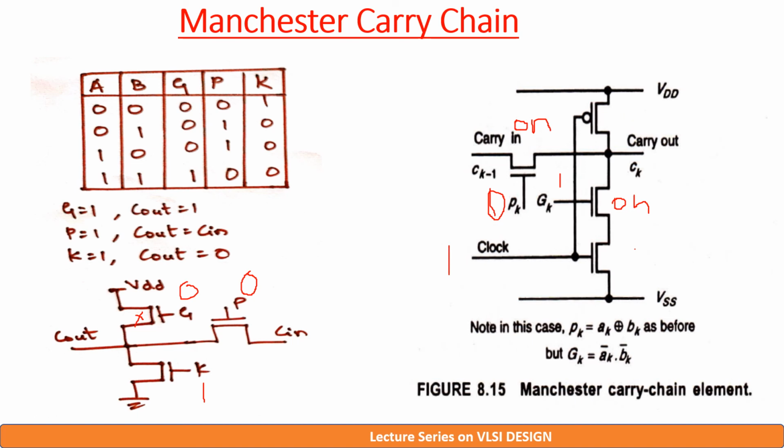If clock is 1, NMOS will be in on state, PMOS off, both these NMOSs are on, so carry output will be pulled to ground.